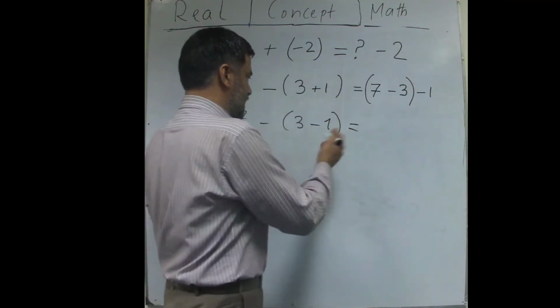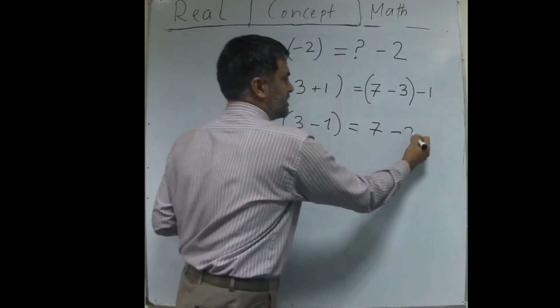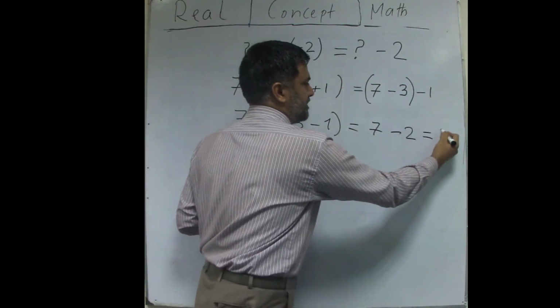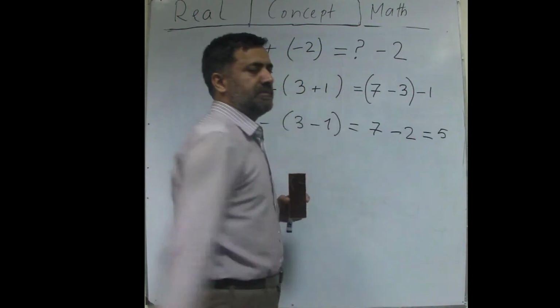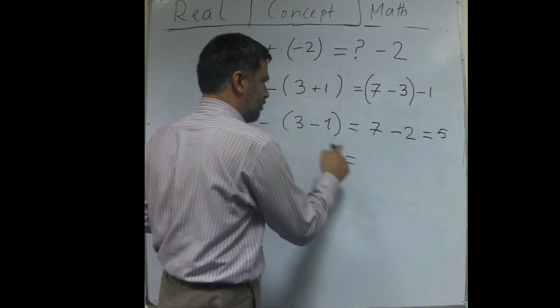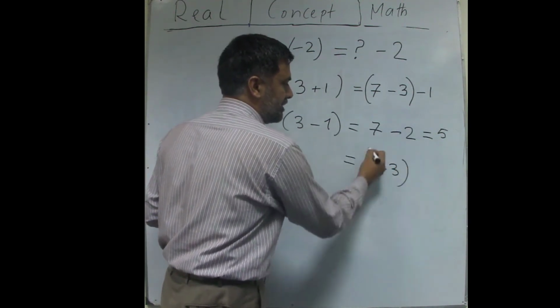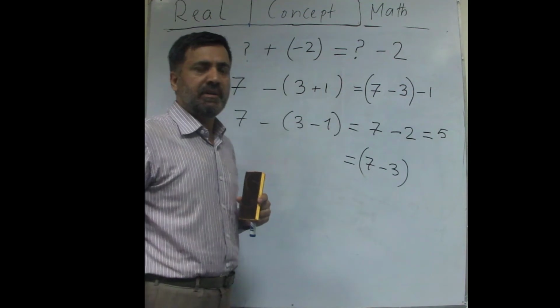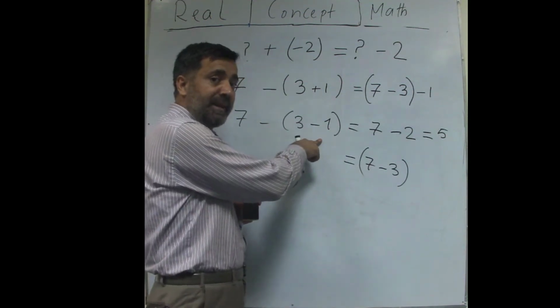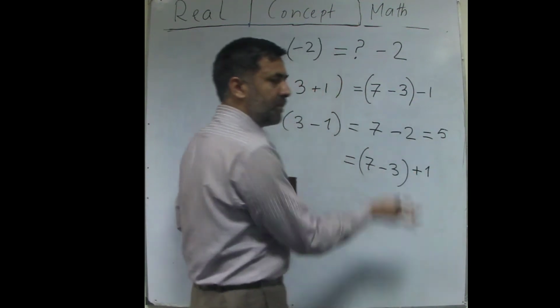So I know this is 7 minus 2, and the answer is 5. When this one was not there, my answer would have been 7 minus 3 as before. But because I am subtracting less, now my difference goes up.